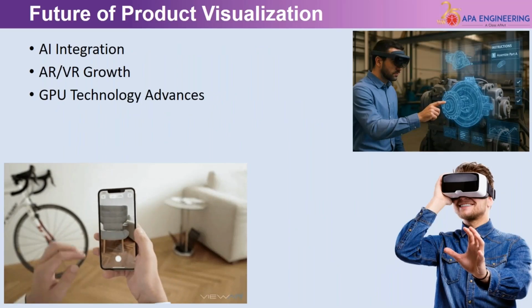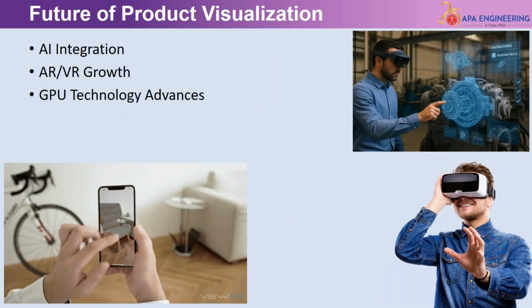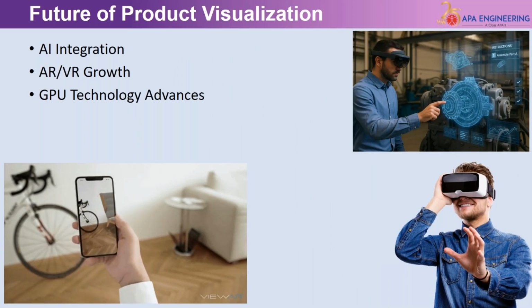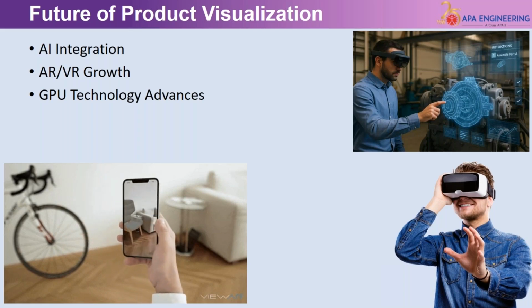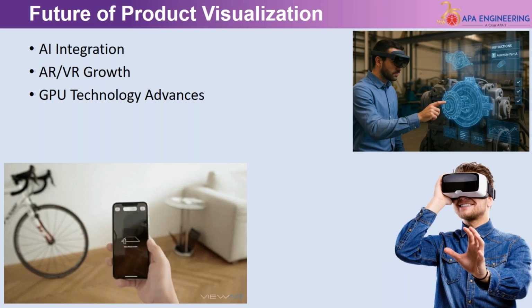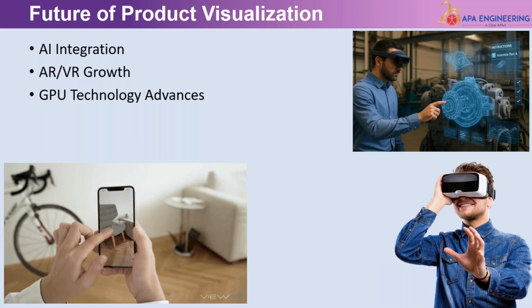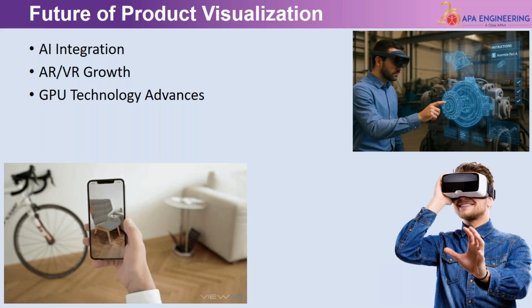Next, what the future holds for product visualization. The future of product visualization is being transformed by AI, AR, VR, and GPU advancement. AI enables faster design iterations with generative rendering, smart materials, and automated visual workflow.